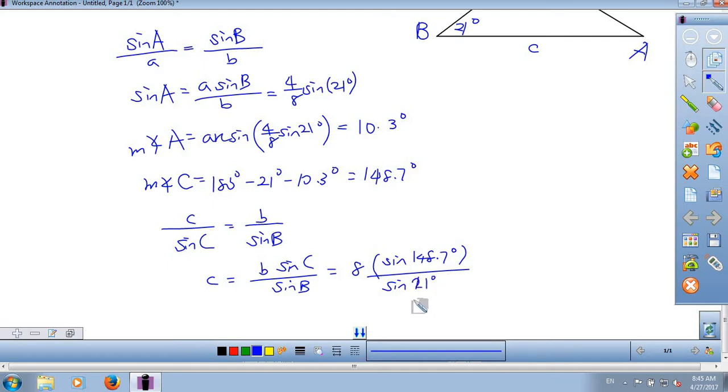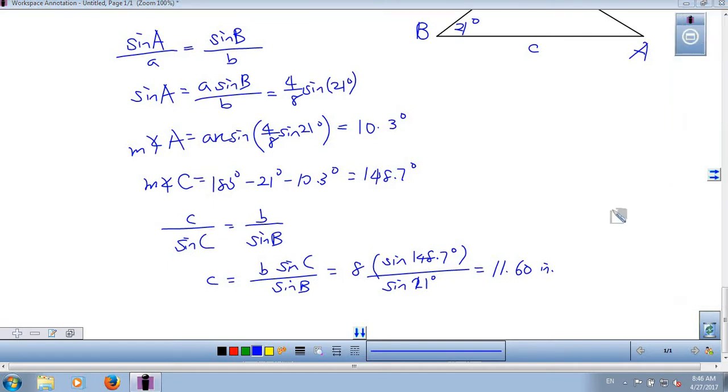So we take the sine of 21 degrees, divide, and multiply by 8. It will be 11.597, or 11.60 inches. So that seems to be the measurement of side C. Let's pause right here for a moment.